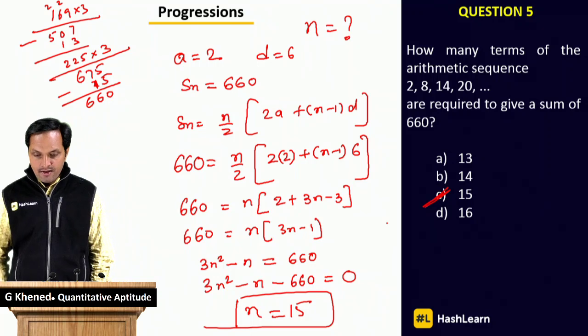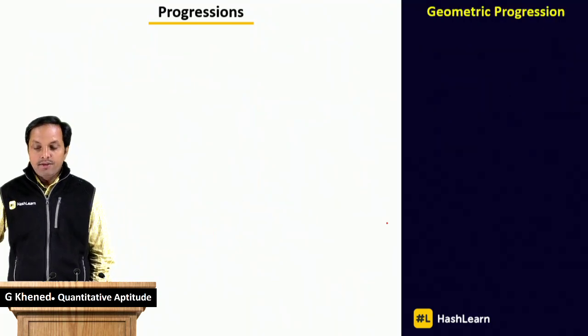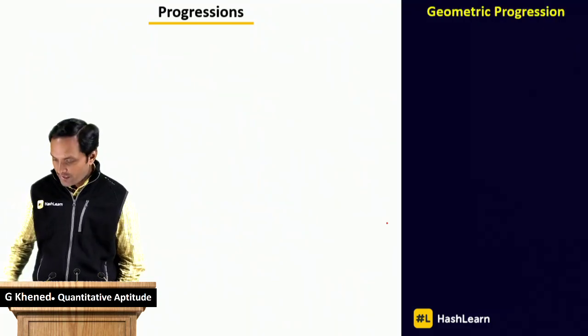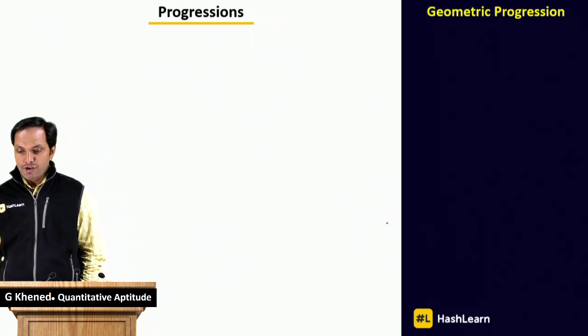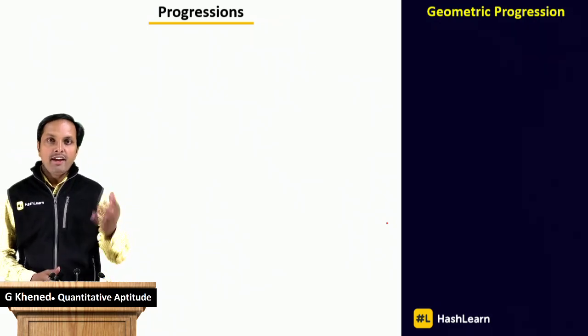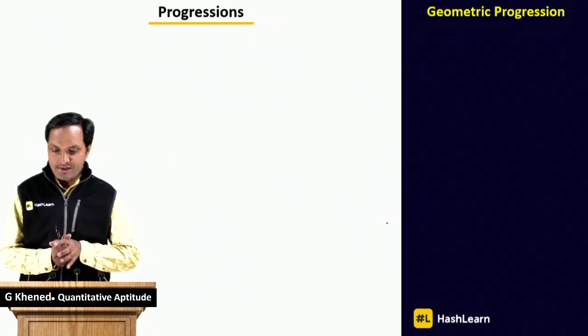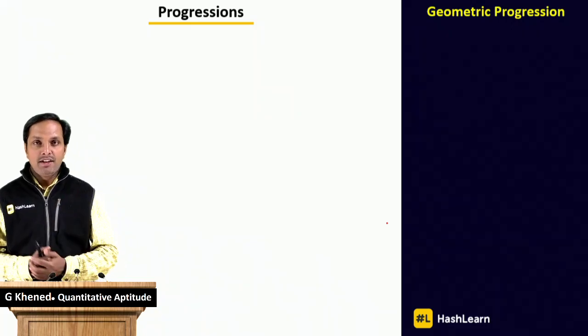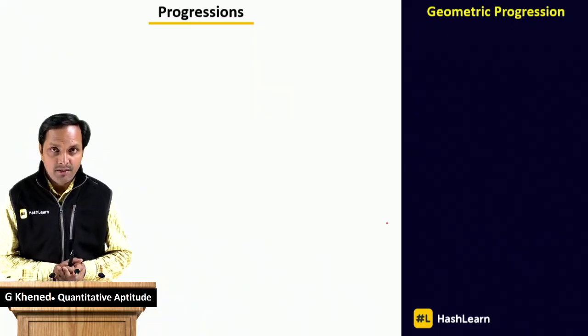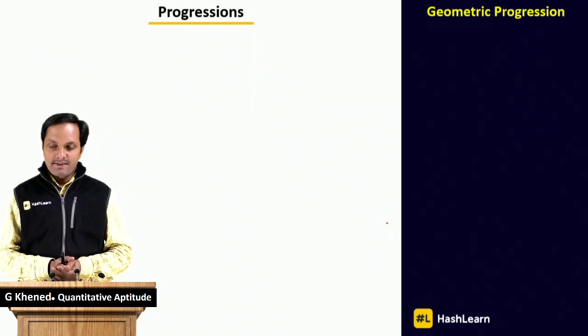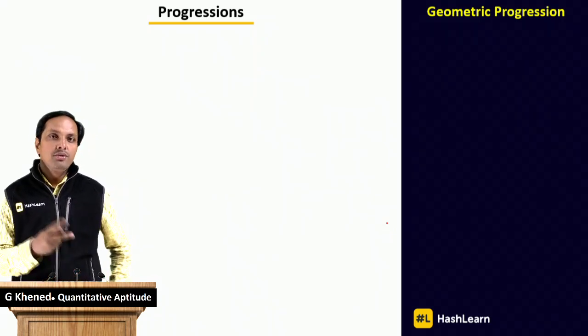Okay, fine then. The next concept we are going to cover in today's class is geometric progression. So what exactly is geometric progression? Arithmetic progression is where the difference is the same. Here the ratio is the same.